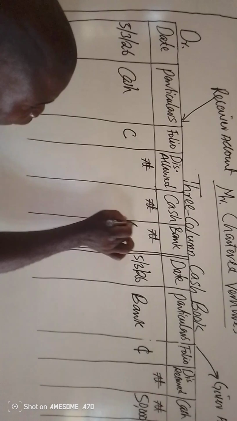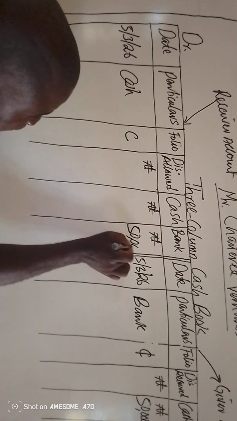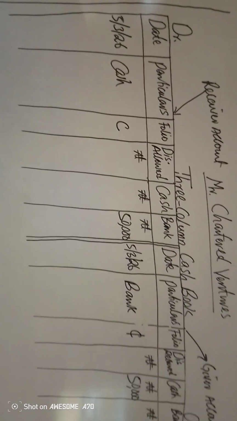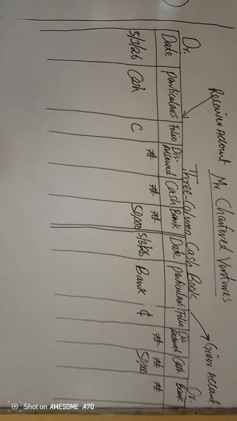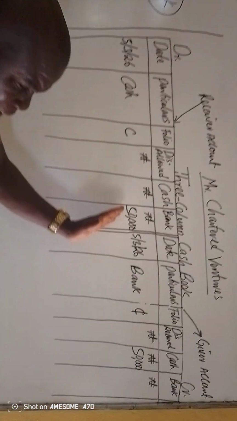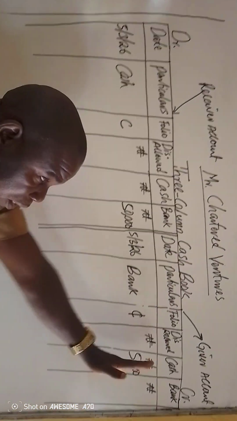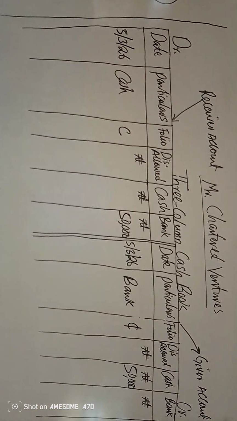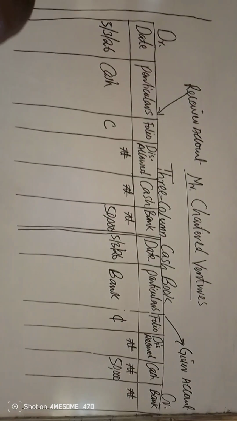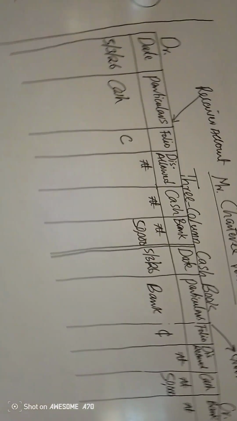And how much? 50,000. And that is why we say it's a contra entry, because this is a single entry of depositing money to the bank, and it's recorded on the credit side under the giver, which is cash, and it's recorded also on the debit side under the receiver, which is bank, and that is why it's called a contra entry.